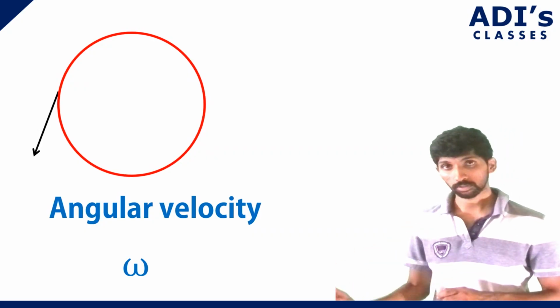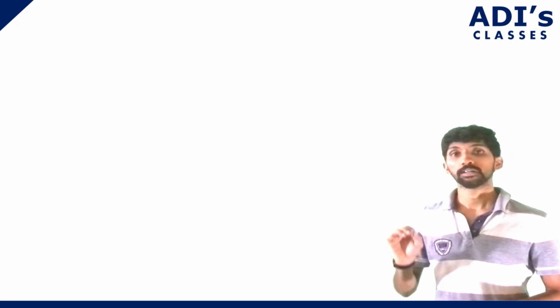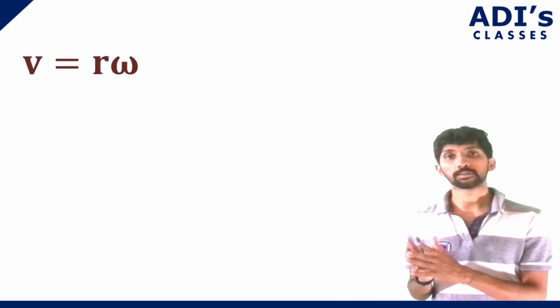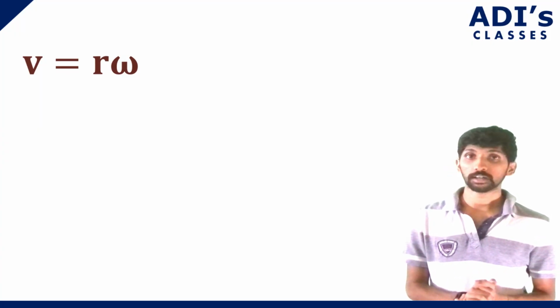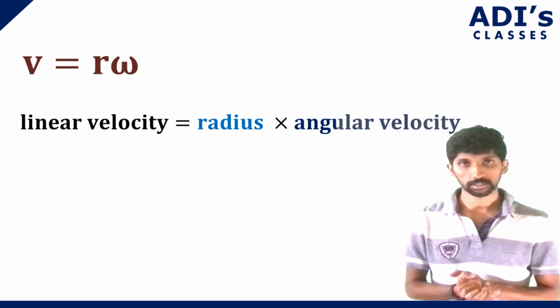There is a relation between the linear velocity and the angular velocity: v equals r omega. This is the relation between linear and angular velocity.